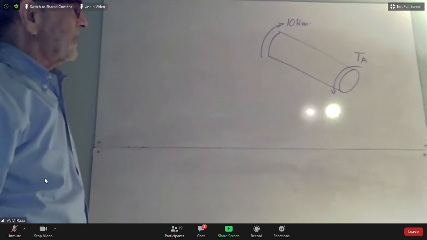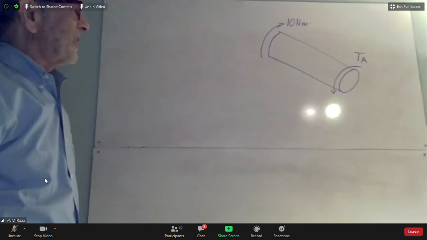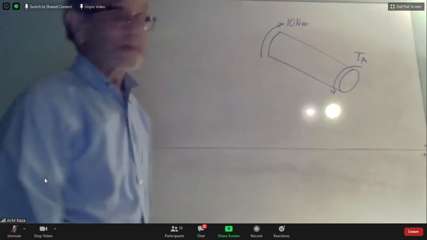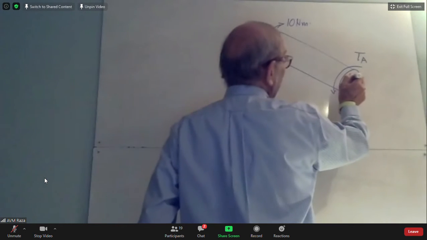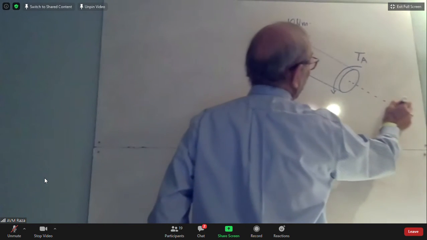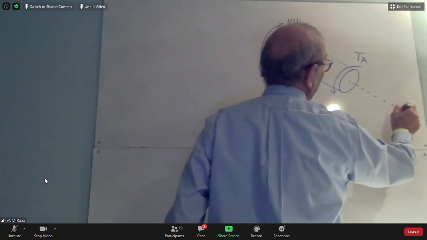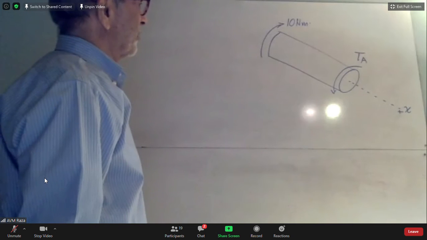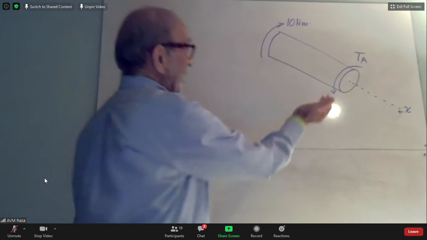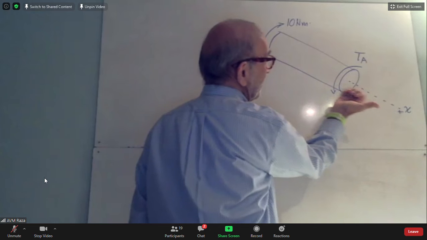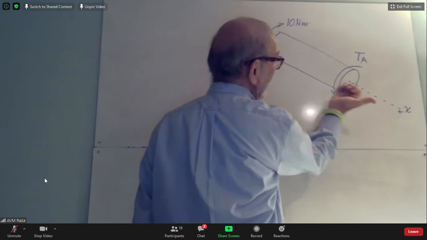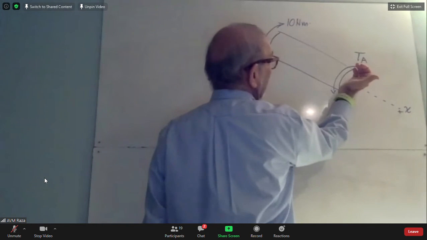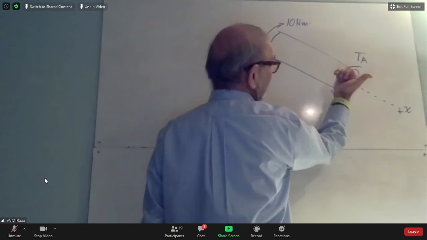And just as a reminder, the sign convention we follow for these torques is as follows: you take the positive x-axis coming out perpendicular to the cross-sectional surface, point your thumb in the direction of positive x, and then curl your fingers in the direction of TA, then this is a positive torque.